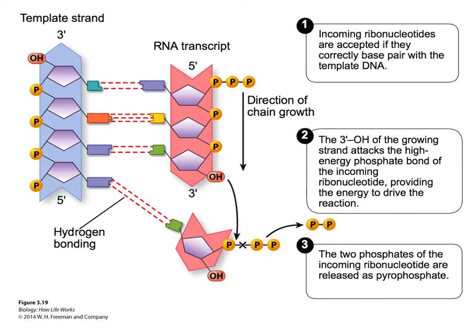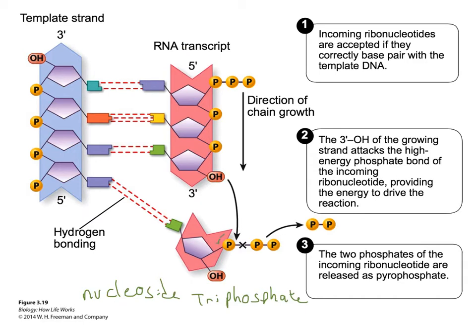All right, so we start with the high energy nucleoside triphosphate. And you can call it a nucleotide if you like. Triphosphate. Okay, so that nucleoside triphosphate is going to be bound, and it's in the 5' to 3' orientation.